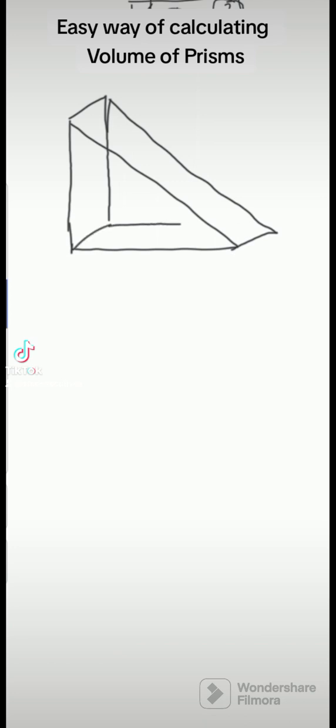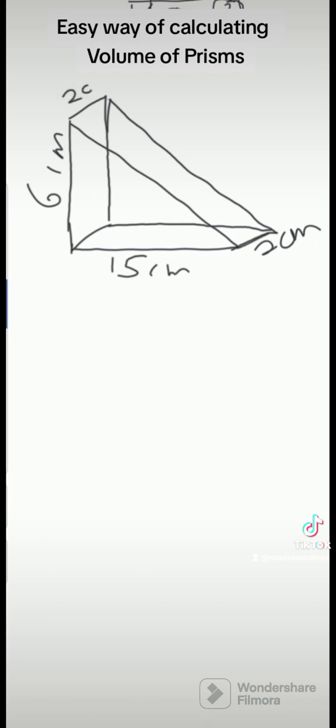We're given here to be 6 centimeter, 15 centimeter here, then also 2 centimeter here, then 2. Likewise, as this is 2, then this has to be 2 centimeter also.